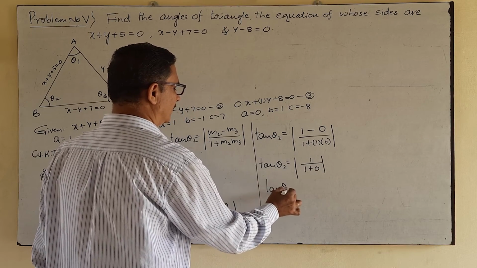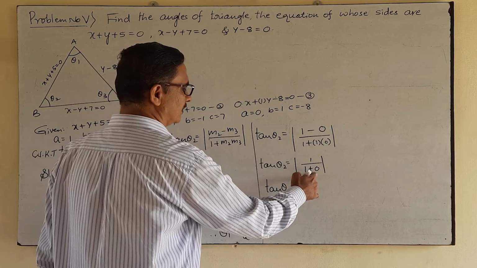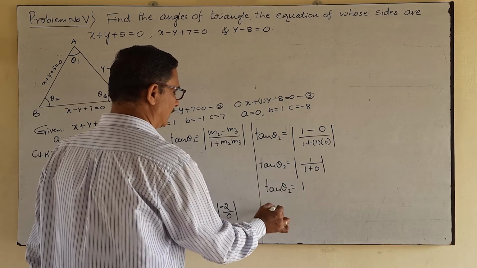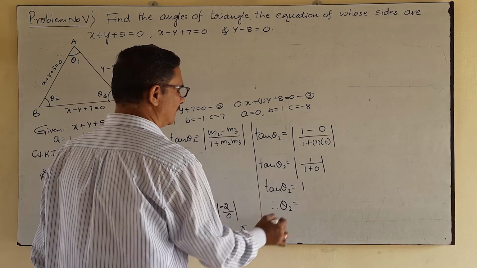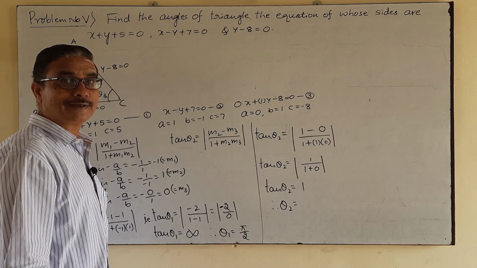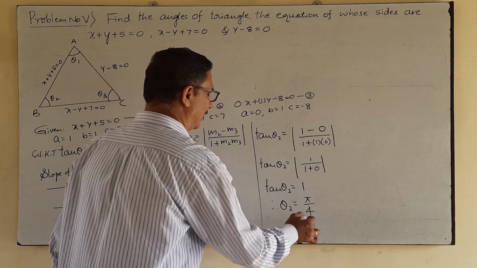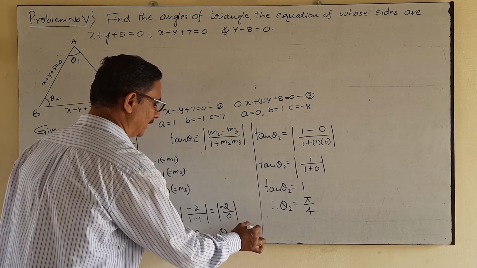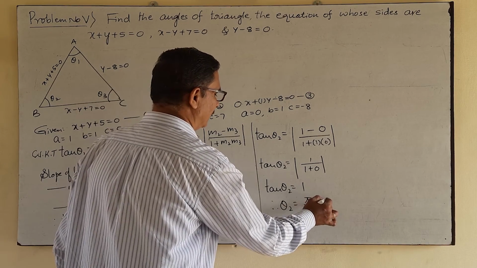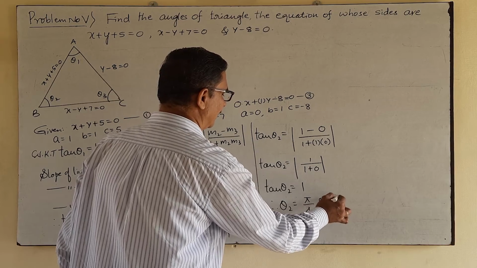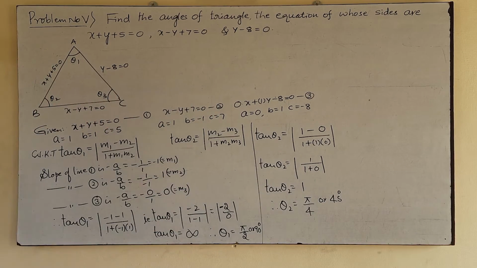So tan theta 2 is equal to 1 divided by 1, which is 1. Therefore, angle theta 2 is the angle whose tan is 1, a standard angle: 45 degrees, pi by 4. Pi by 2 radians is 90 degrees, and pi by 4 radians is 45 degrees. We got two angles.